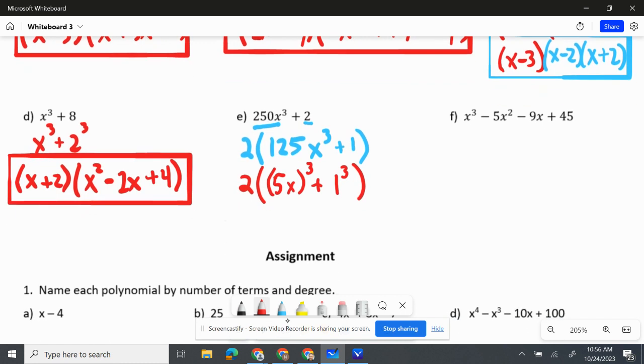So when I write out the formula, what I have to remember is to keep the 2 on the outside. My binomial would be 5x plus 1. And then my trinomial, I'm going to square my a value. And that gives me 25x squared. Then I have minus 5x times 1, which is 5x. And then I have 1 squared, which is 1.